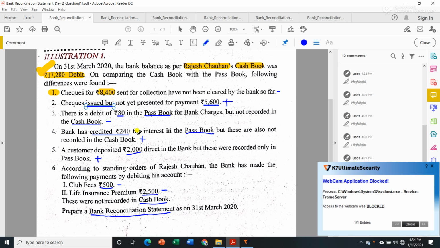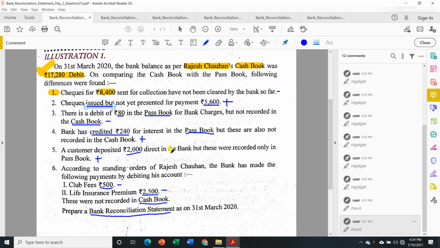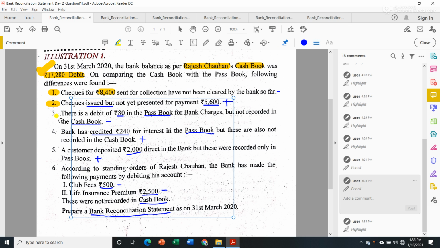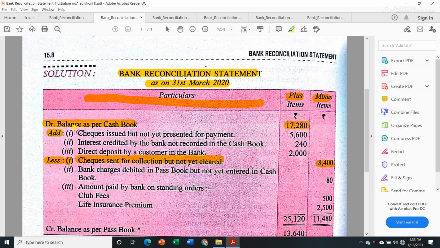Okay, now they have asked us to prepare a bank reconciliation statement. Now let us see, after putting in plus and minus items, what we have. In plus items we have point number 2, 5,600. This particular you can just write exactly as given in the question.